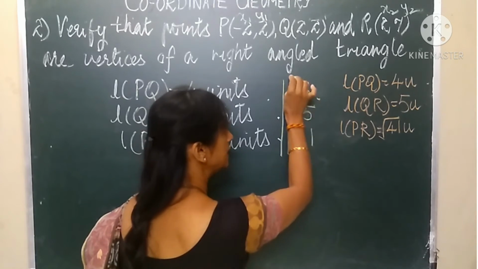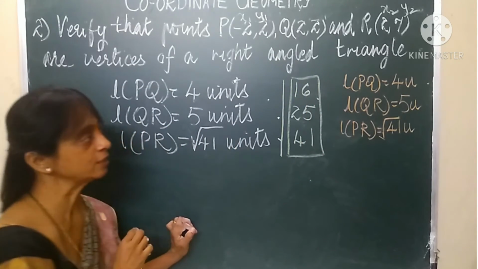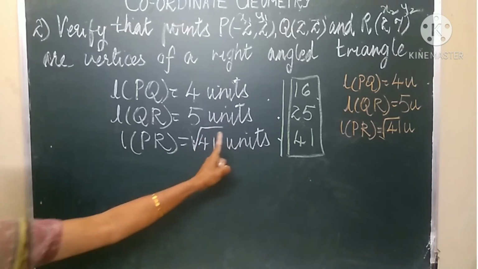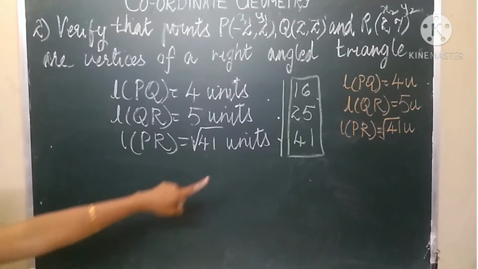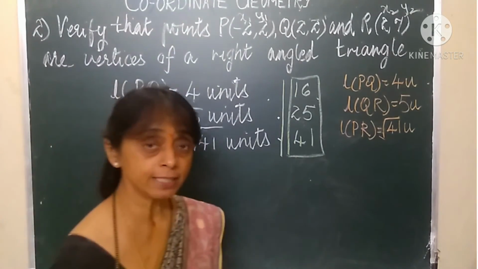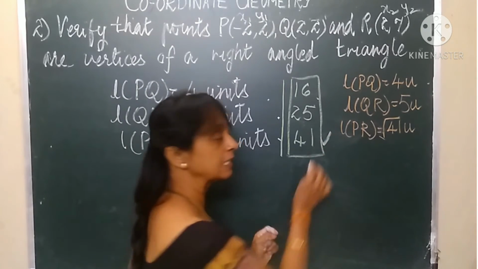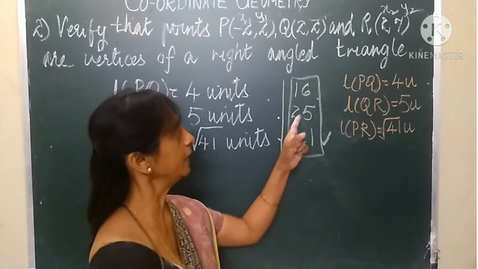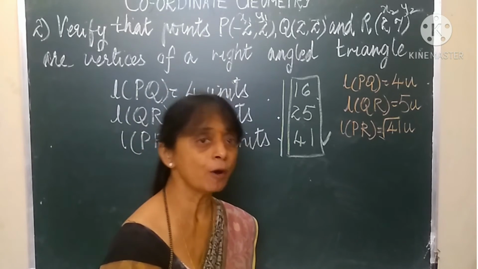Now it becomes easier for us to compare these three numbers, that is 16, 25 and 41. Now which is greatest? Definitely root 41 is the greatest number. 25 and 16 are the smaller numbers.